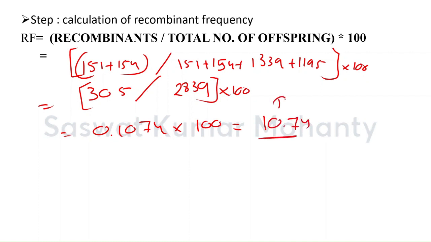So the recombination frequency for the eye color gene and the wing type gene of Drosophila is 10.74.